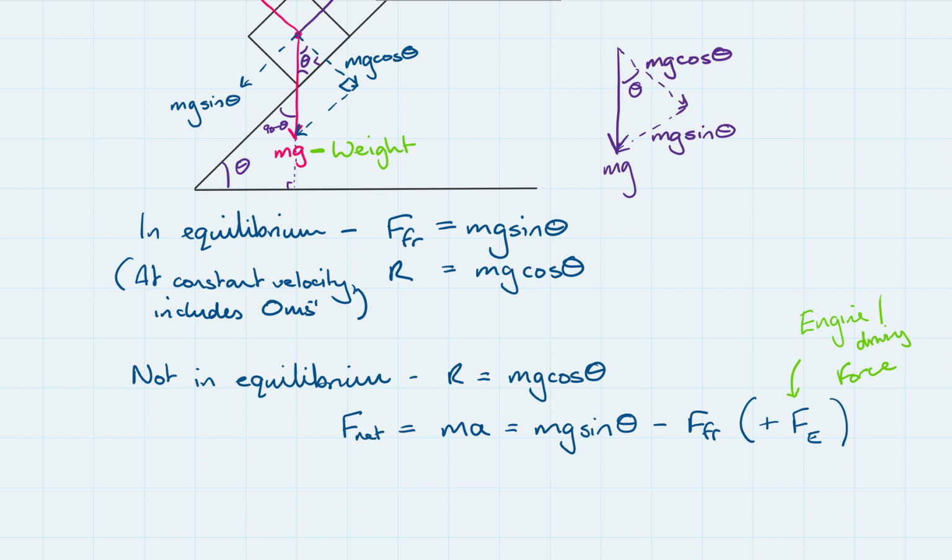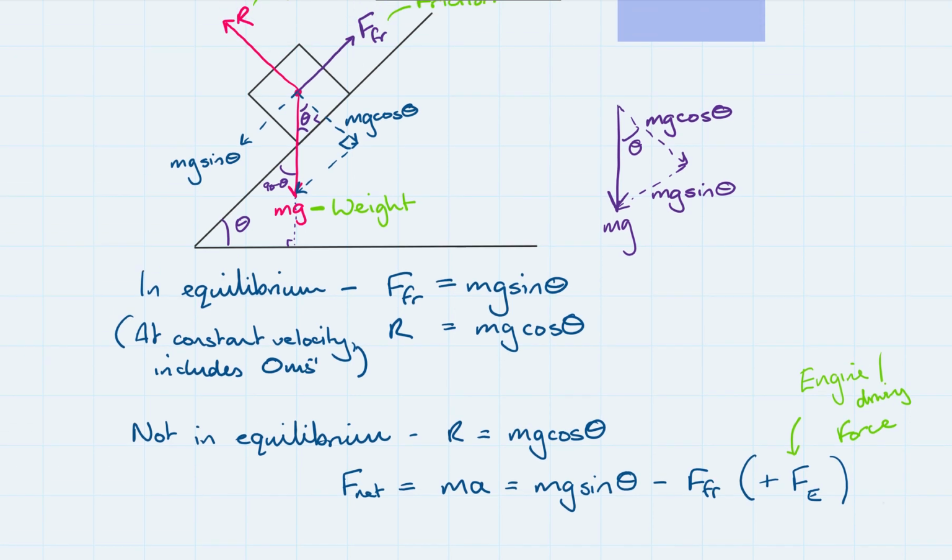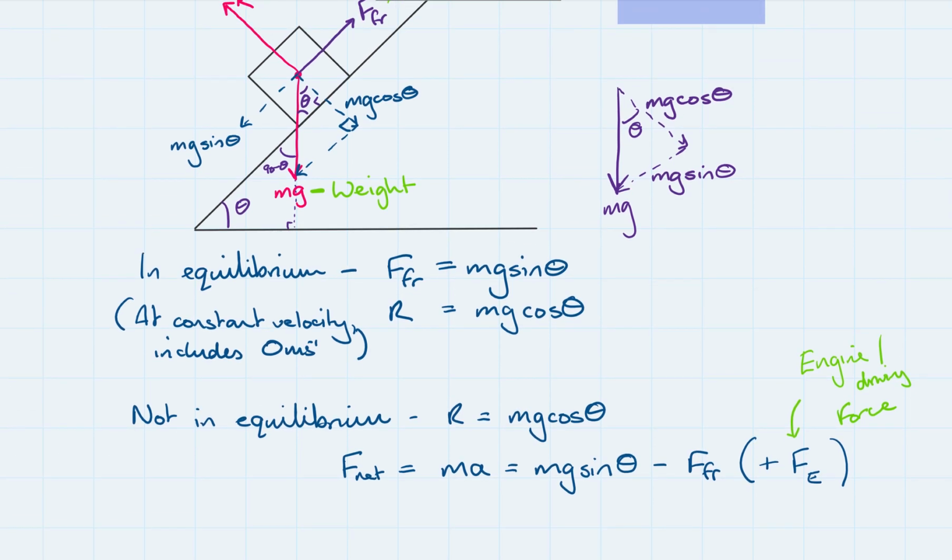So in the context here, I've got the driving force driving down the slope in the same direction as mg sine theta, but there's no reason why it couldn't be acting up the slope. If it was acting up the slope, but mg sine theta was still bigger, then we'd still have friction opposing the direction of motion. So friction's always in the direction to oppose motion or to oppose intended motion.